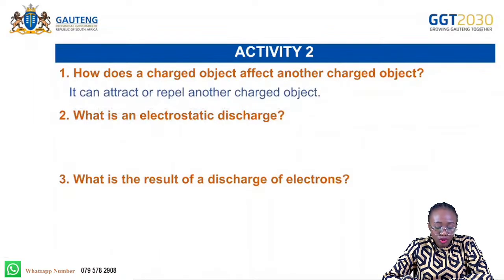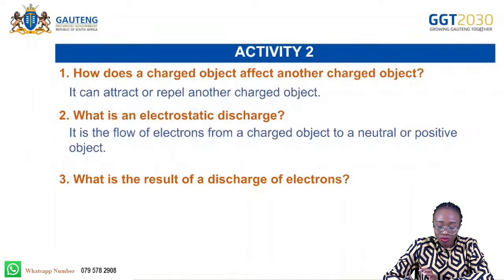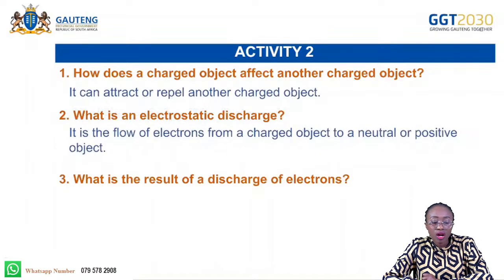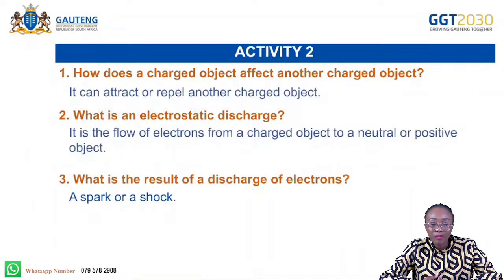Okay. Number two, what is an electrostatic discharge? It is the flow of electrons from a charged object to a neutral or a positive object. So that is what it is. Number three, what is the result of a discharge of electrons? It could be a spark or a shock. In the case of lightning, you see that big lightning bolt.